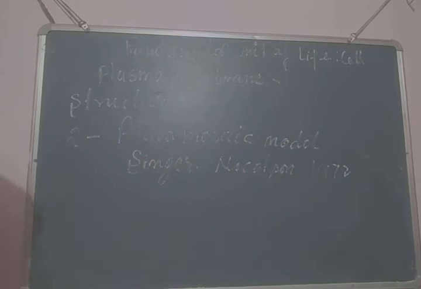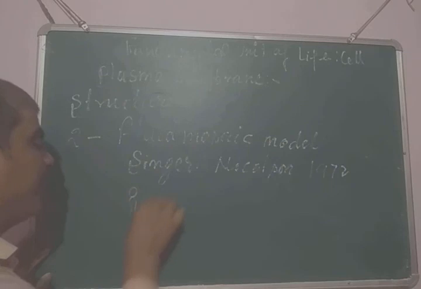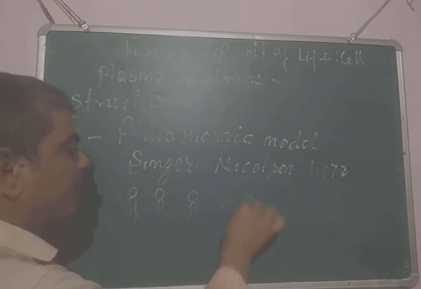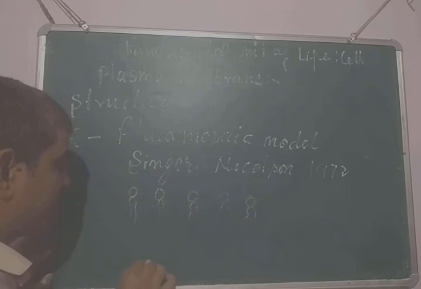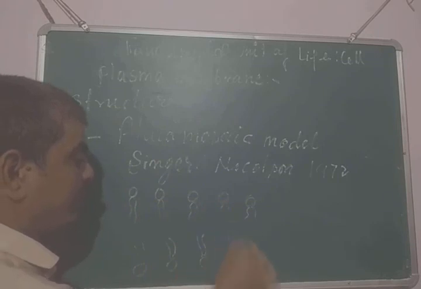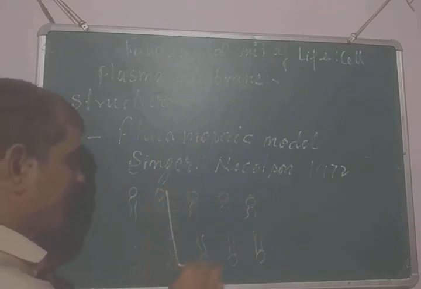According to this model, the lipid bilayers are in the form of a viscous fluid and different kinds of proteins are embedded in it. In this way, they showed the structure of the plasma membrane. You are seeing here the lipid layers, and in between these layers protein is embedded.